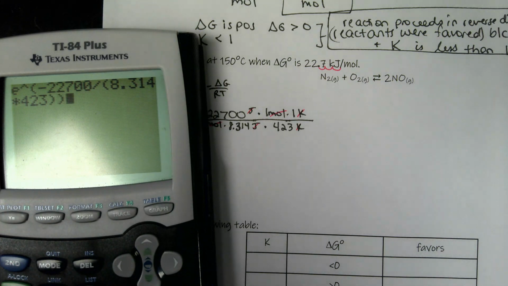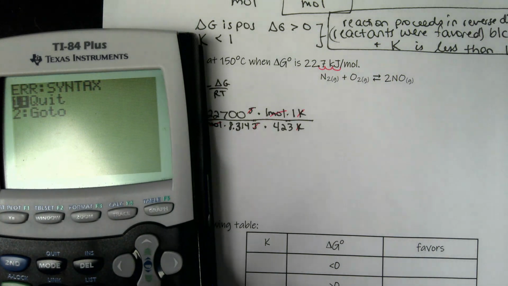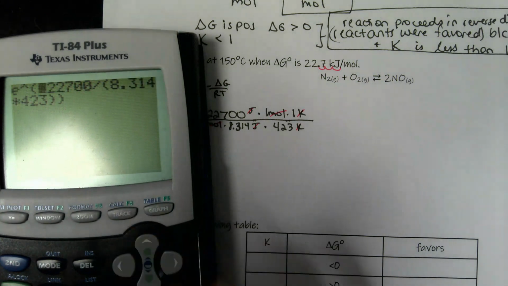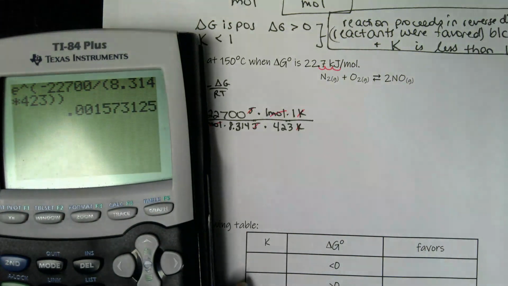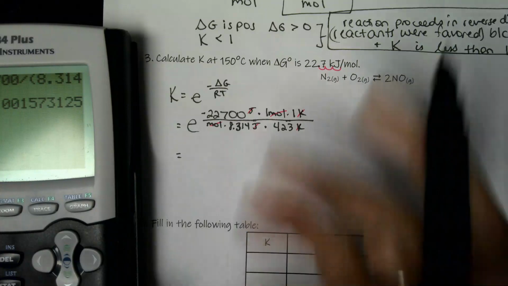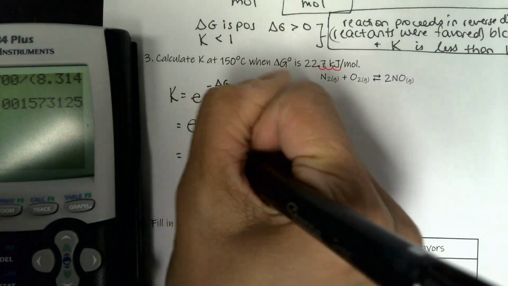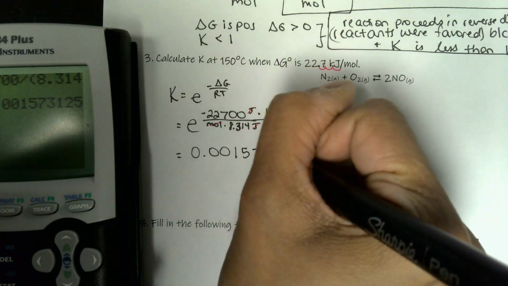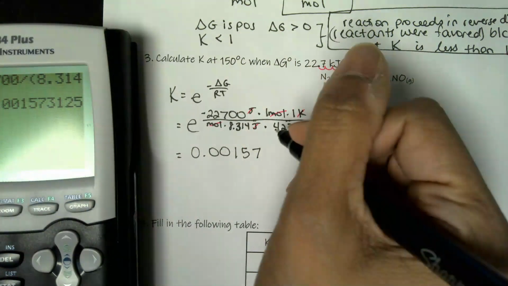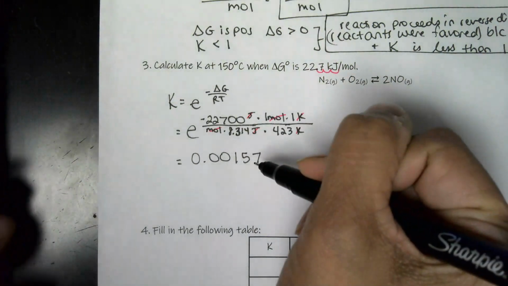Make sure my parentheses are all set. And let's see, what did I mess up there? Oh, because I did a minus sign instead of a negative. Silly me. All right, cool. So that K value is 0.00157, I want to say, for sig figs. Remember, this is a unitless number.